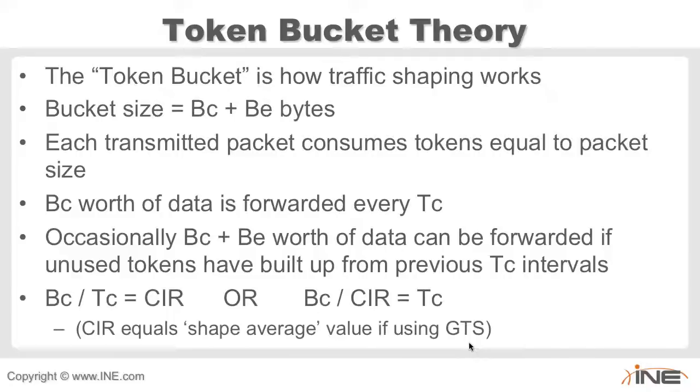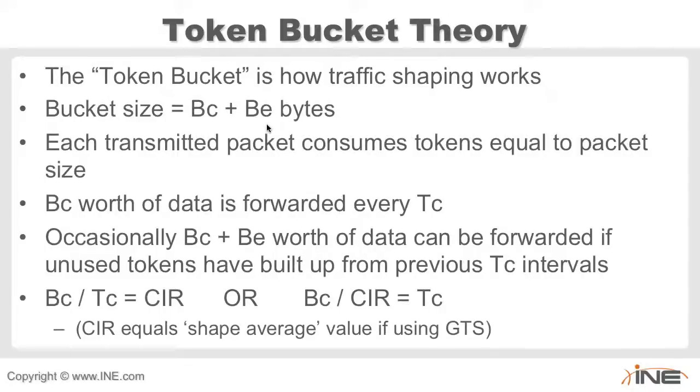And we basically forward the value of B sub C, the committed burst, for every T sub C. So every time interval, and we measure them in seconds, whatever fraction of a second is the committed time, we're going to forward a committed burst, or that much data, whatever that is.